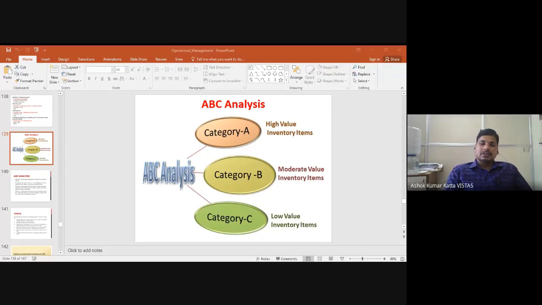And the last one is the lower rate category C. This completely focuses on daily labor or whoever requires cheaper quality products.